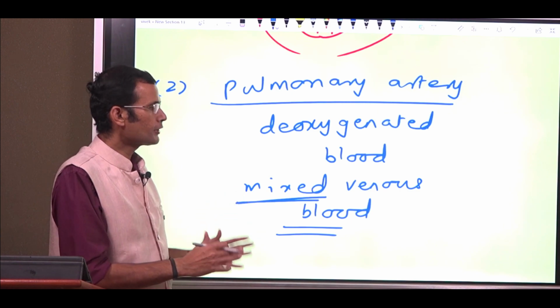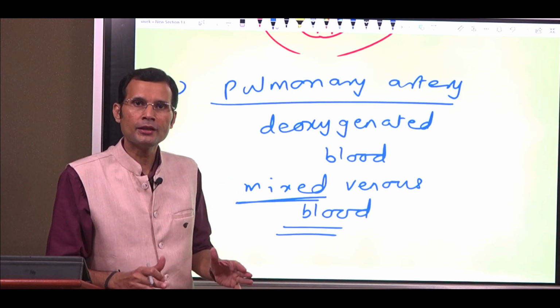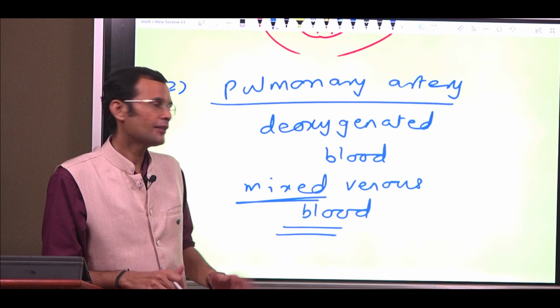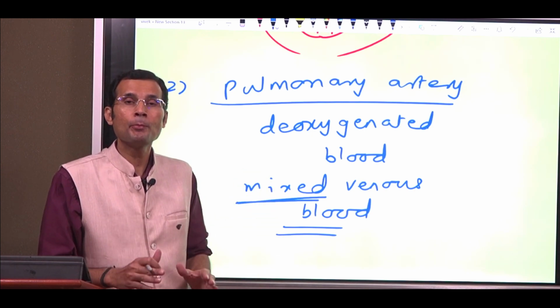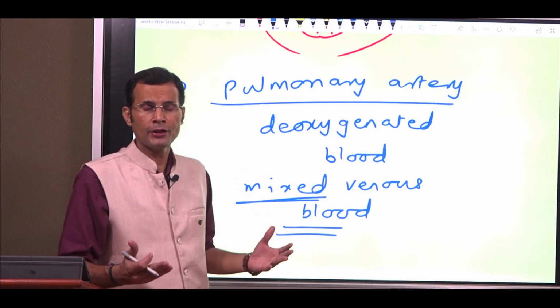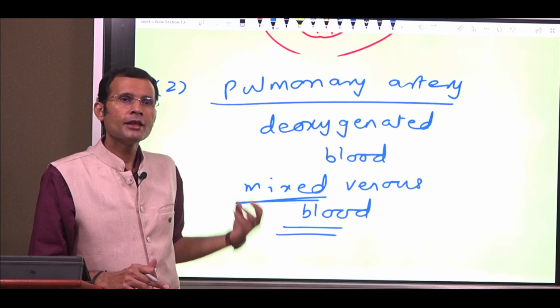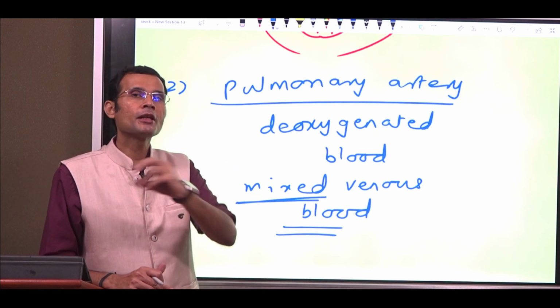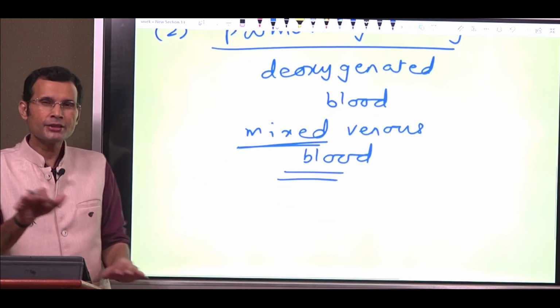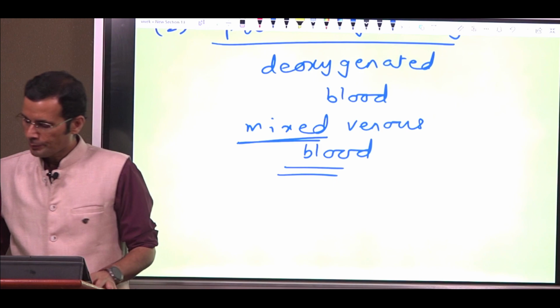We are saying that this now is a representative sample for the entire body. If I were to say venous blood for the entire body, then I will collect it from the pulmonary artery. So that's the term mixed venous blood.